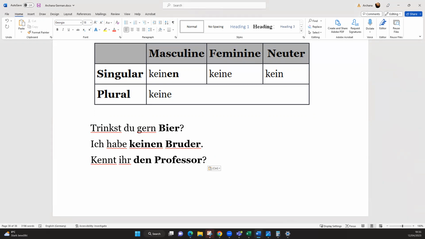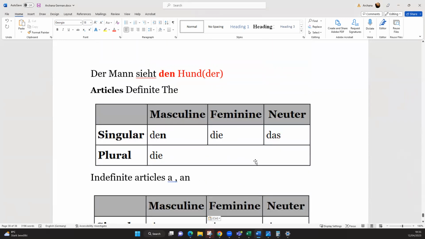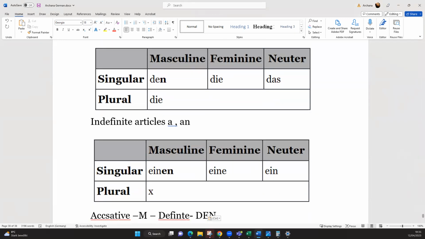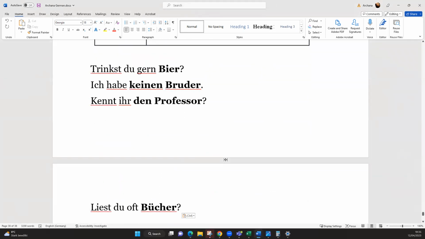A book is neutral, and when a book is neutral, you don't need to add any other forms for this. So the answer would be: Liest du oft Bücher, with the umlaut and everything.